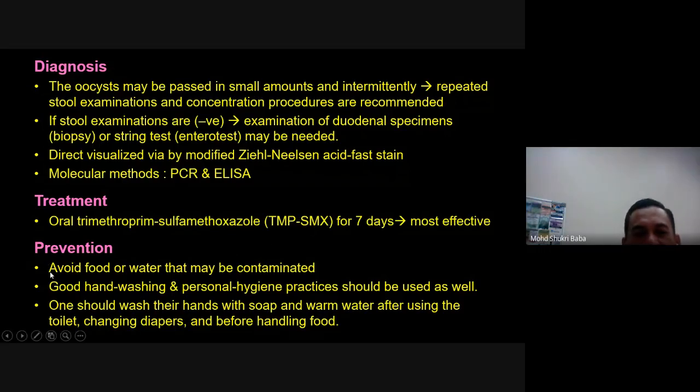So prevention basically itulah, okay, you have to avoid food or water that may be contaminated, good hand washing and personal hygiene practice, and also one should wash their hand with soap and warm water after using the toilet, changing diapers, and also before handling the food. So basically anything dealing with food and water, you must take extra precaution, all right, in terms of prevention of this disease.